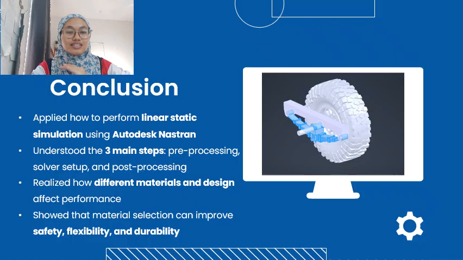And through this FEA method, we are able to get important parameters such as von Mises stress, displacement, and safety factor, which can help us to evaluate the strength and the safety of the leaf spring.